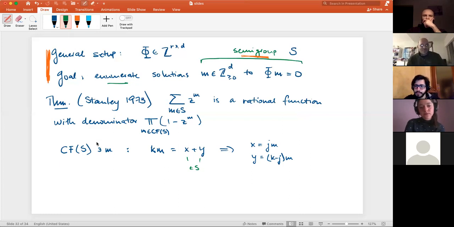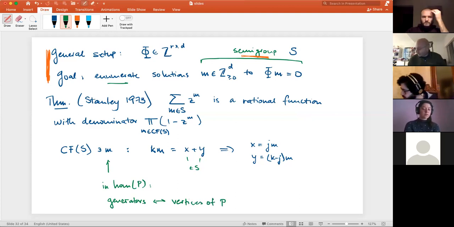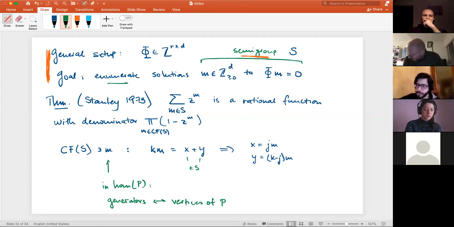So in my example, in the homogenization of P, these are the generators of the cone, and they correspond to vertices of P. So this is what to expect.